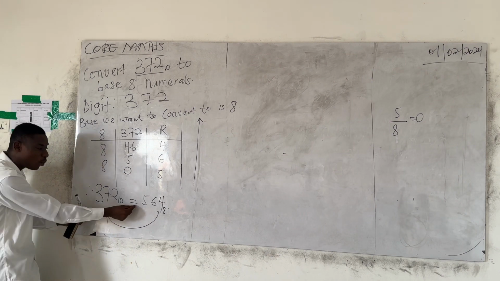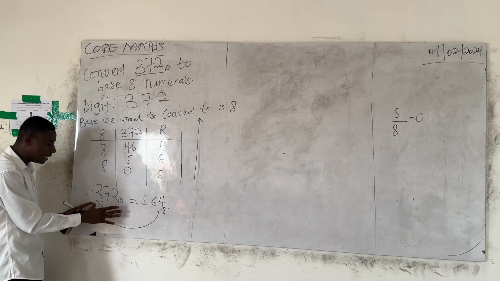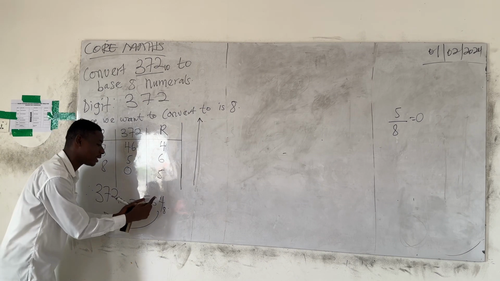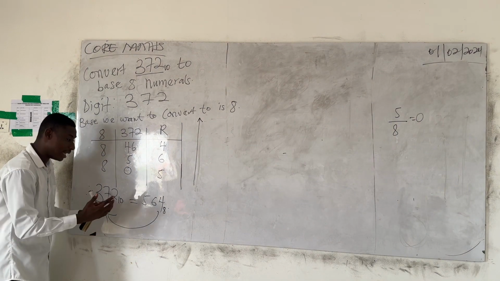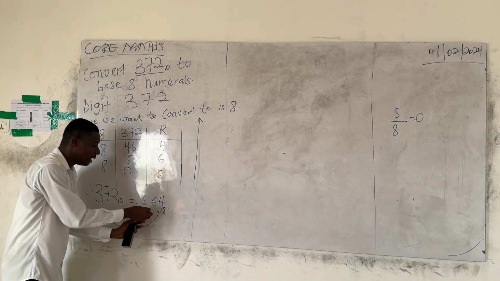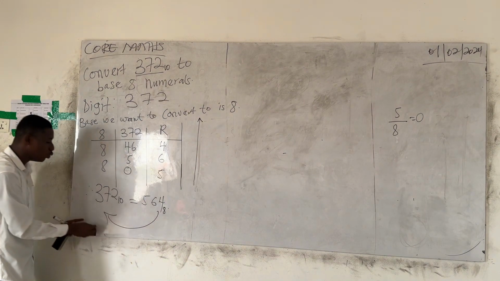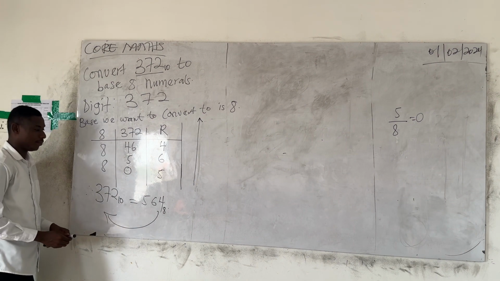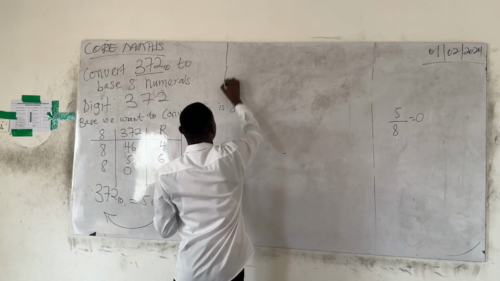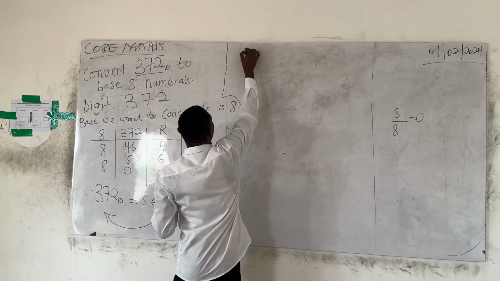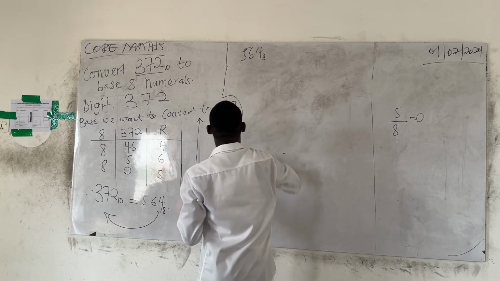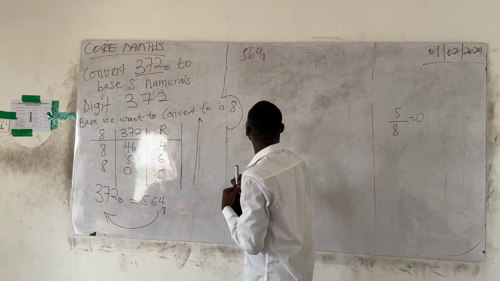Because of the equal sign that we have introduced here, this means that 372 base 10 is the same as 564 base 8. If that's the case, then let's convert 564 base 8 into base 10 and see if we get 372. So I have 564 here base 8. Then you go through the process again.